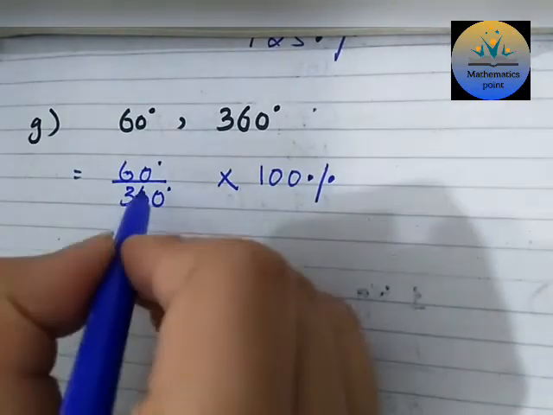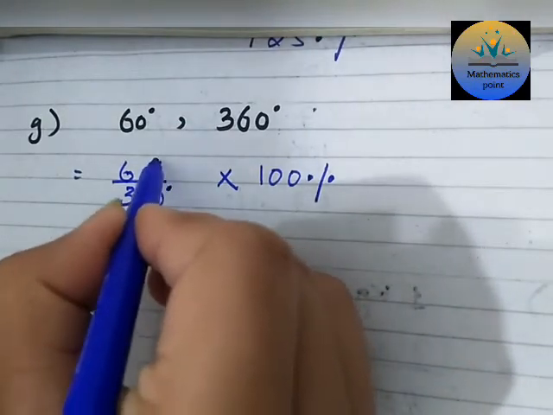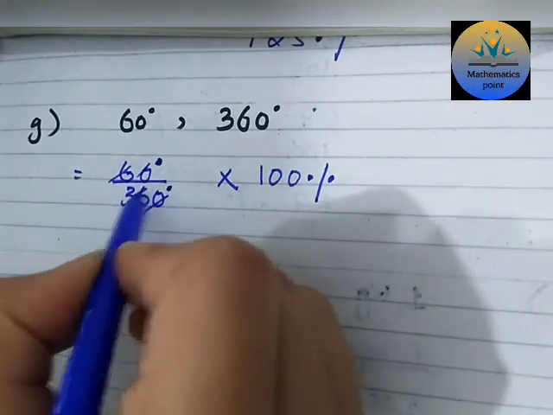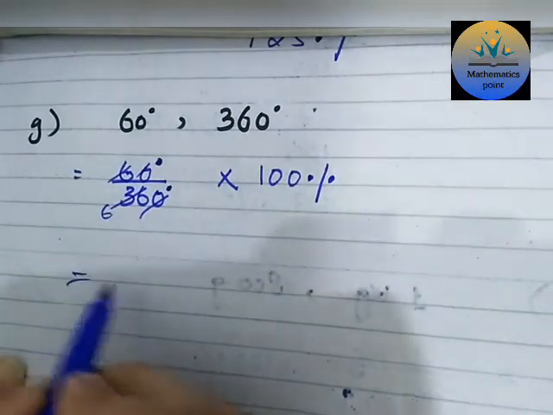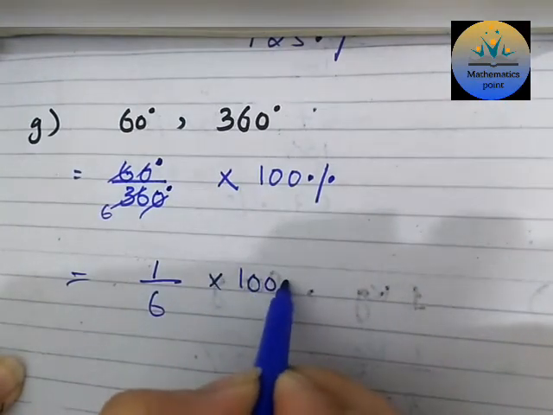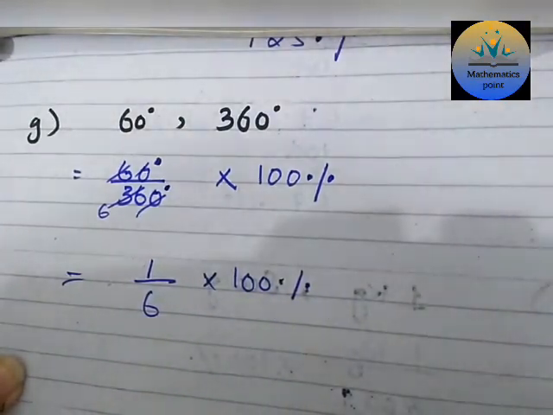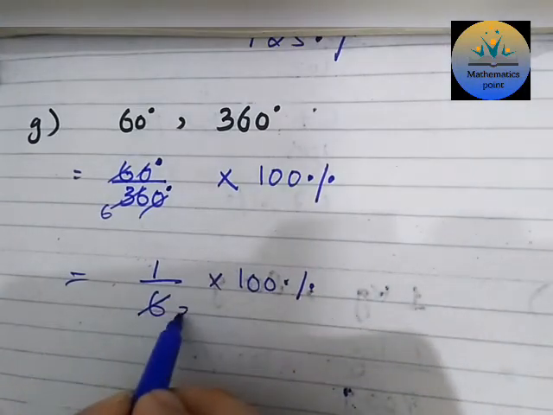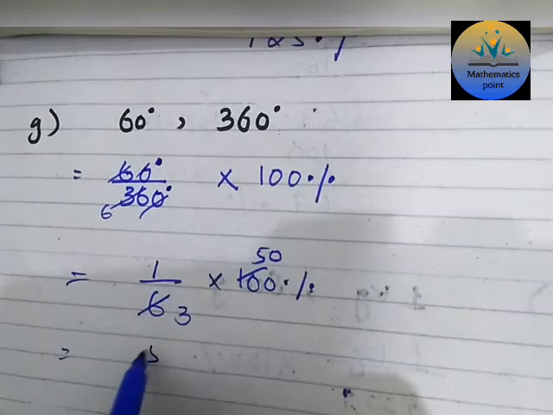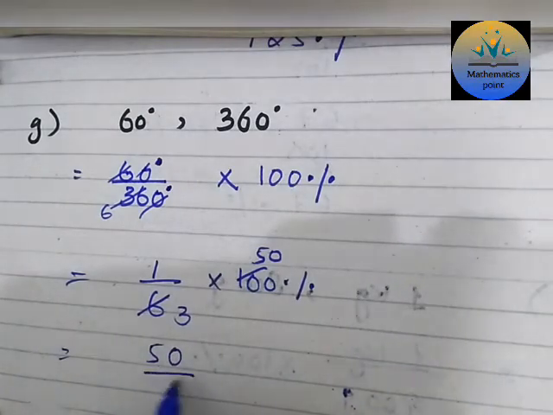So simplify it firstly, as both are already in degree. So we cut this 0 and then 6 1s are 6, 6 6s are 36. So it is 1 by 6 into 100%. Now simplify it. 2 3s are 6, 2 5s are 10 and 0. So we will get 50 divided by 3.